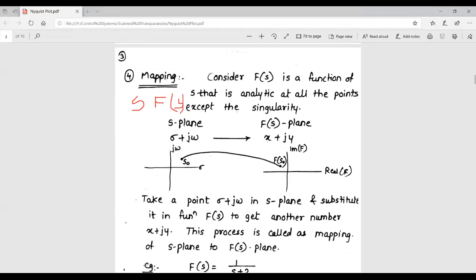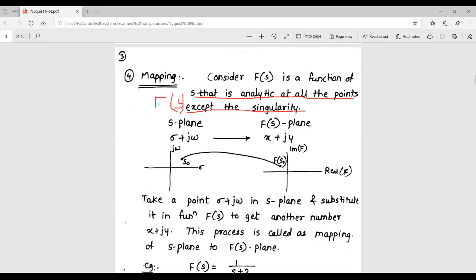So consider f of S is a function of S that is analytic at all the points except the singularities. We have seen what an analytic function is: the value of the function exists, and a singularity is a point where the value of the function becomes infinite. We will come back to this description a little later.